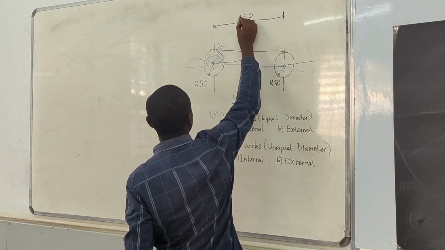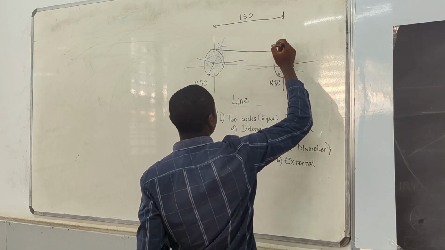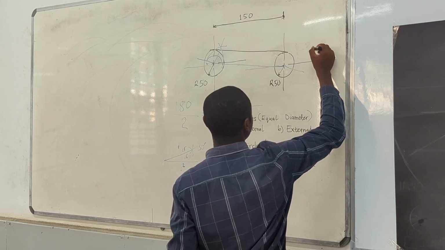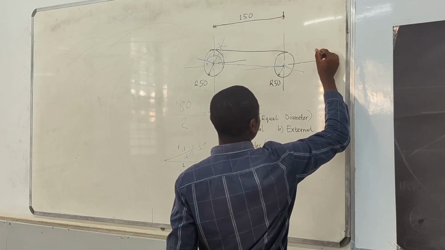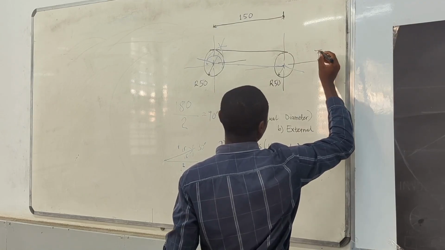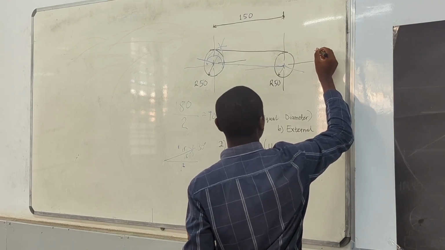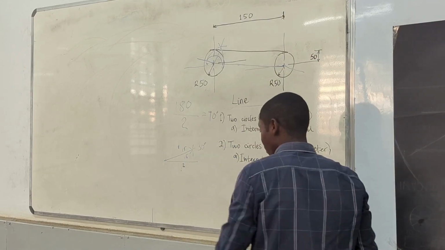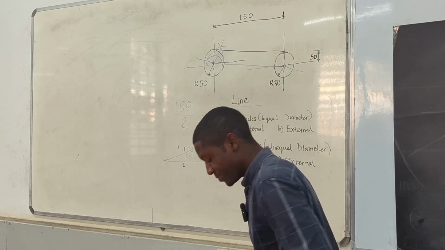Remember, these are basic signs. They might be boring sometimes, but when they are put in questions, most students might be surprised. Let's give this a very simple distance. Let's say we have 50. Given that information, we can draw that tangent.